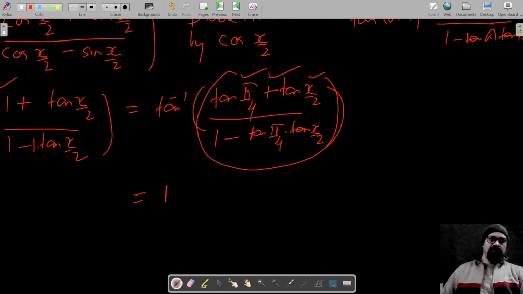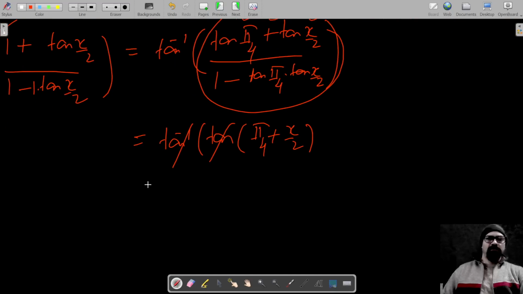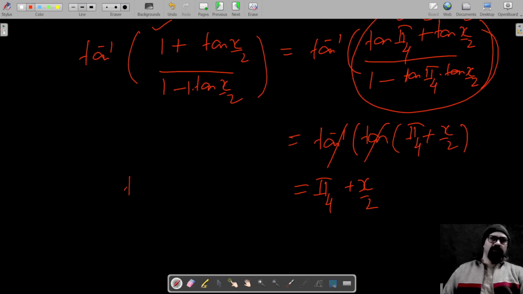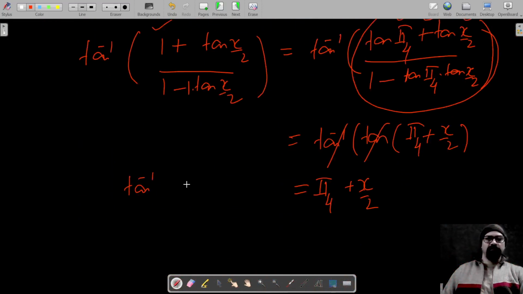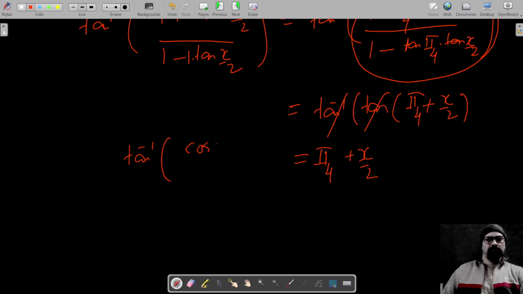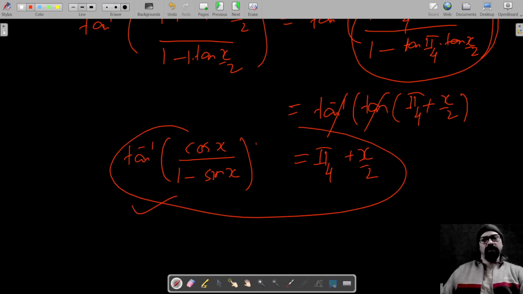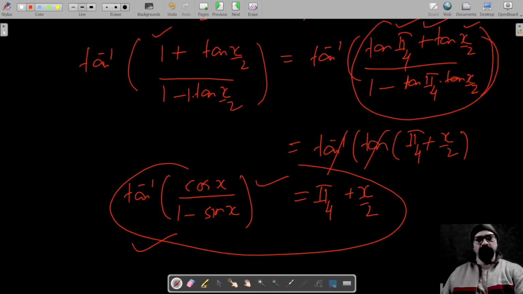So for this, I can now write tan inverse tan of a plus b. And now the simplified form is pi by 4 plus x by 2. So that means tan inverse of cos x upon 1 minus sin x is equal to pi by 4 plus x by 2.